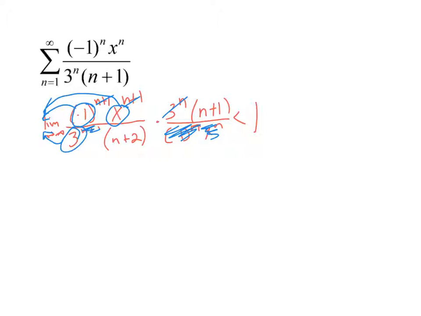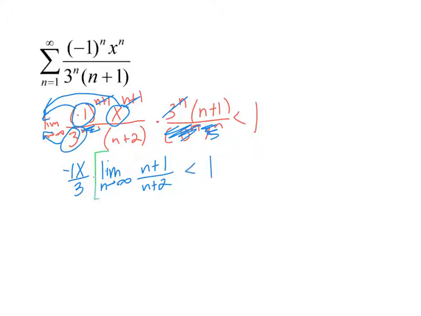So with this rewrite, I now have -1x over 3 out front times the limit as n approaches infinity of n plus 1 over n plus 2, and I need this to be less than 1.